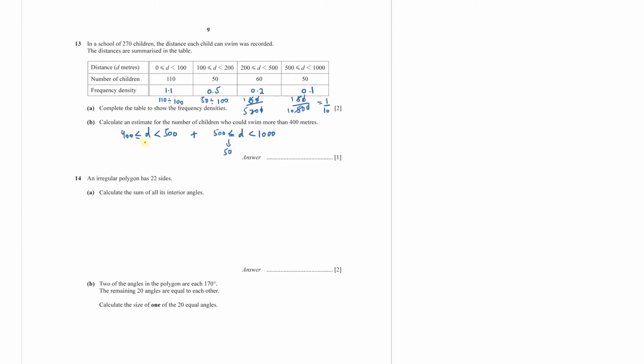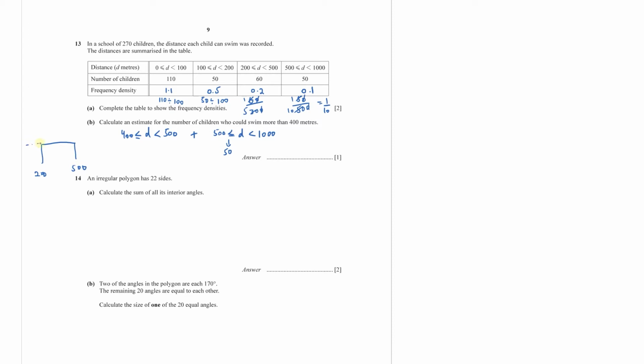So how would you calculate this? You know the frequency density across this interval is 0.2, and the number of children is 60. That means if you multiply 0.2 by this whole interval, you get 60. But now your interval has changed. Suppose this was your histogram for this interval, which was 200 to 500.